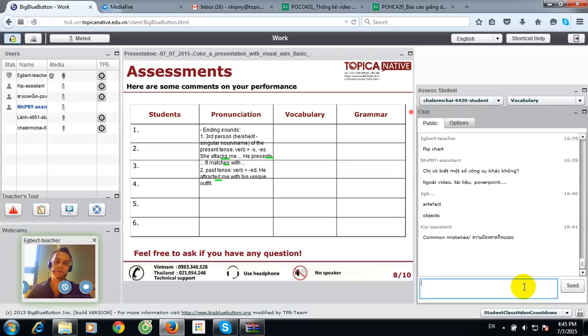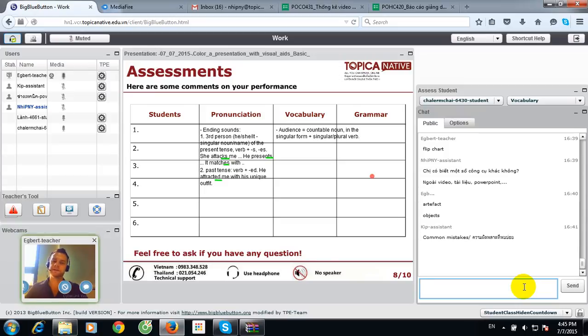Then also, when we talk about the vocabulary, I want you to remember that with some words in English, we have exceptions. So audience is a countable noun, but in the singular form, it goes together with either the singular verb or the plural verb.